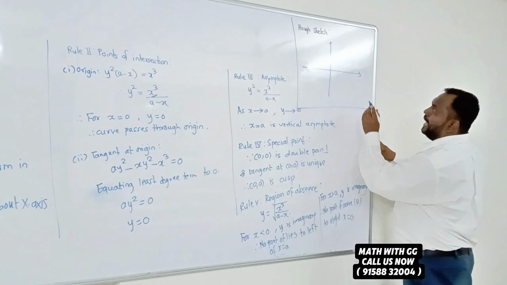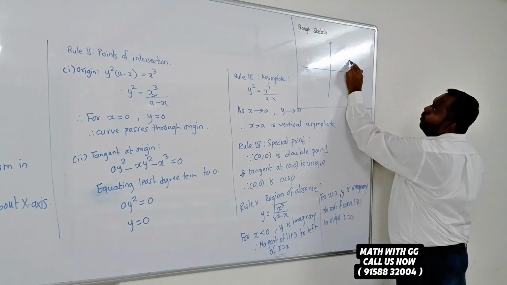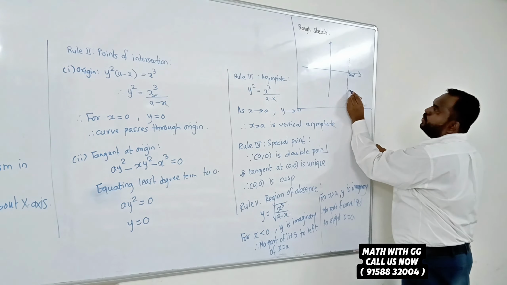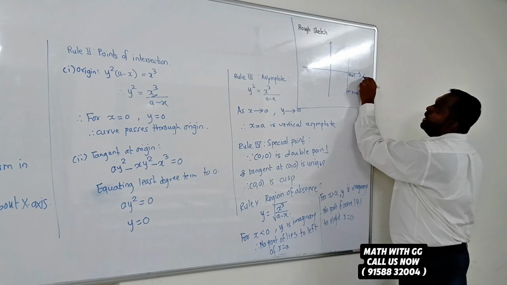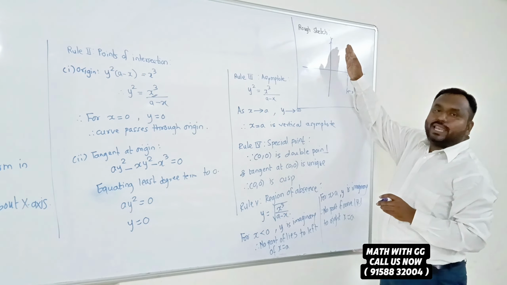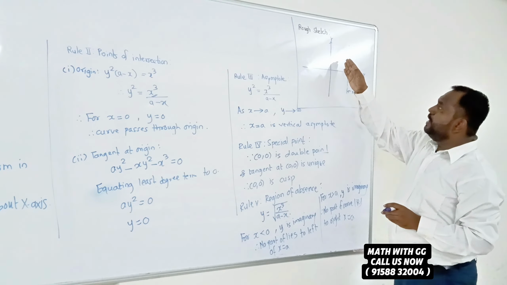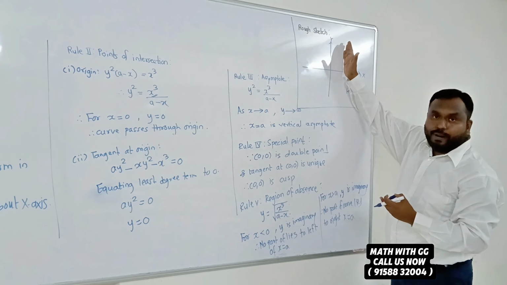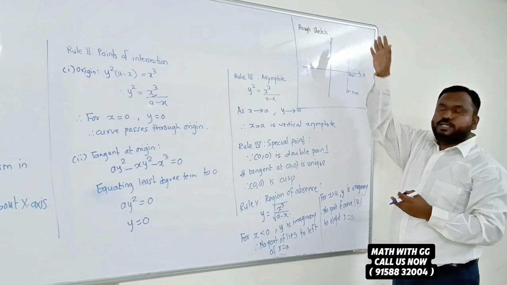So we will draw a line parallel to the y-axis at (a, 0). So this is your x equal to a vertical asymptote. Asymptote means the curve will touch this line at infinity. So whenever we are drawing, it will approach this line, but it will never intersect or cut this line.